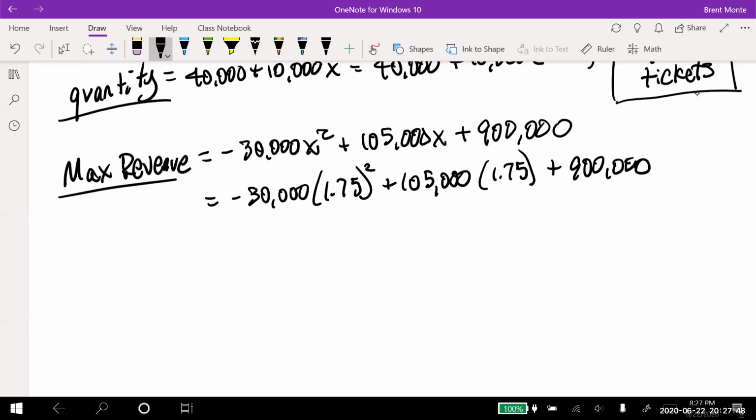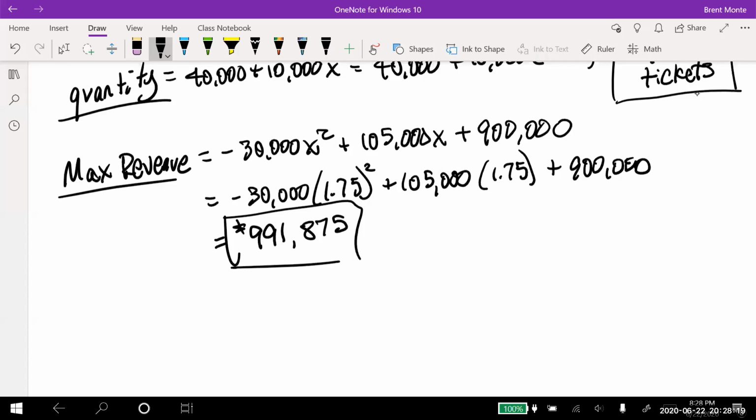Negative 30,000 times 1.75 squared plus 105,000 times 1.75 plus $900,000. Ooh, I get a maximum revenue, $991,875.